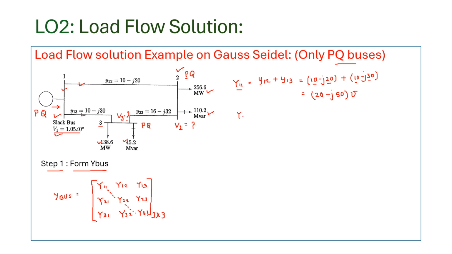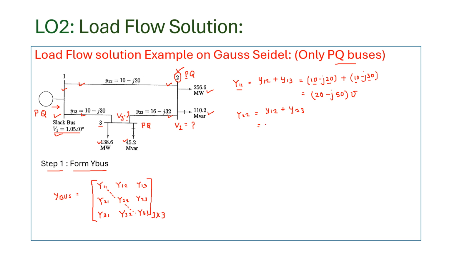Similarly, Y22 is the total admittance connected to bus number 2. These two lines are connected to bus number 2, so we have to add their admittances. So it is Y12 plus Y23.